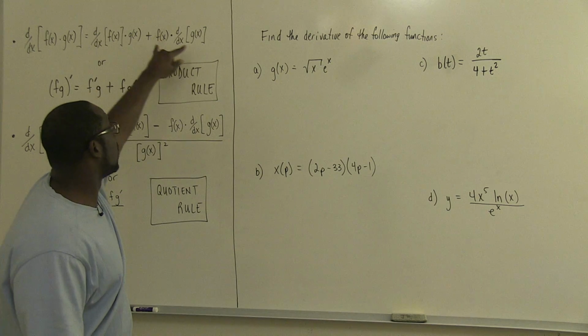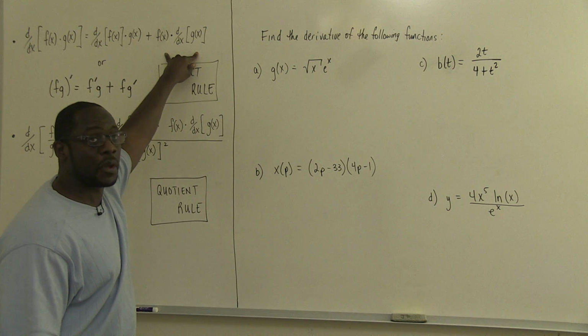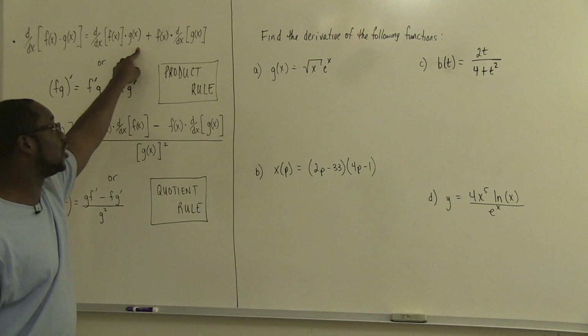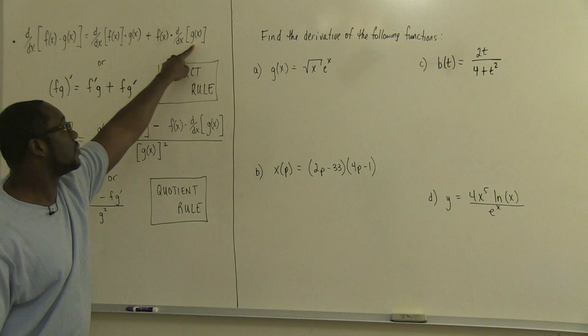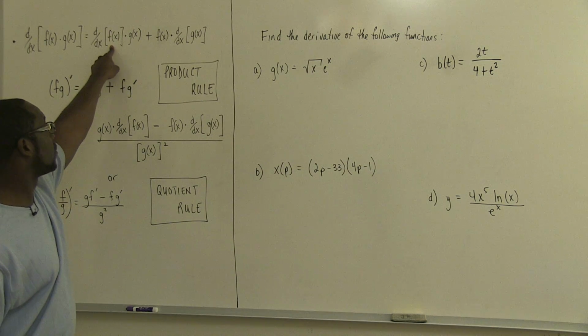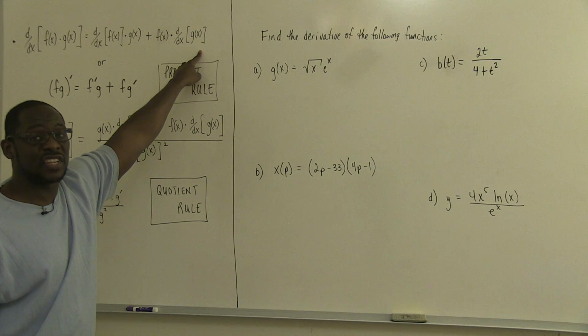So we take the derivative of f first times g, plus f times the derivative of g. We took the derivative of f in the first term, and the derivative of g in the second term.